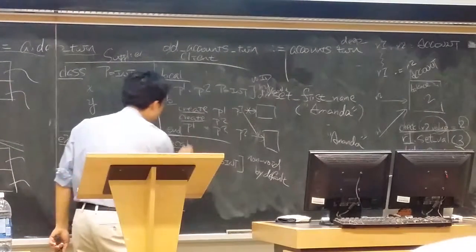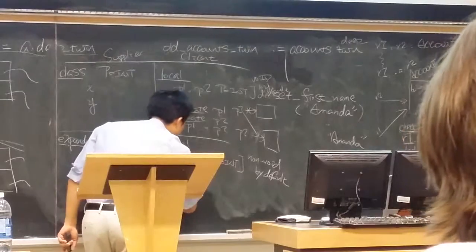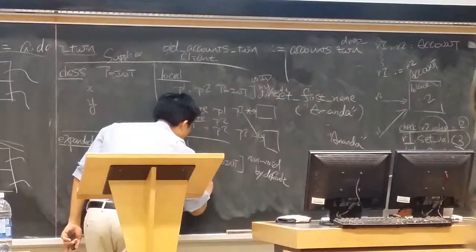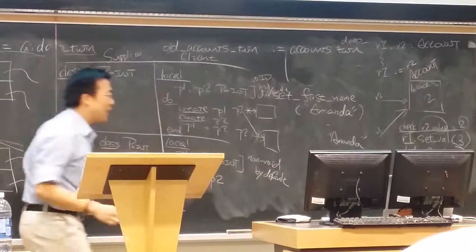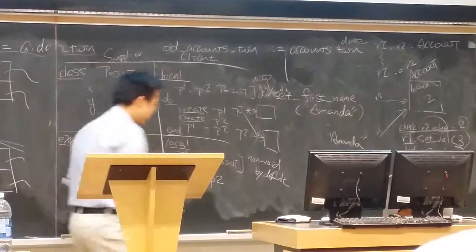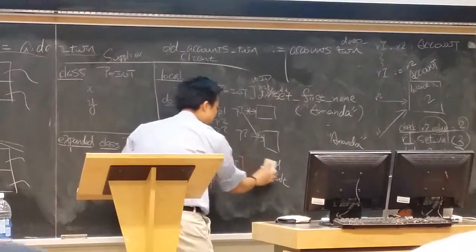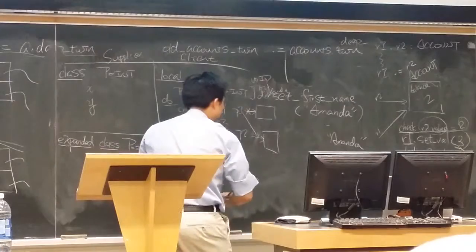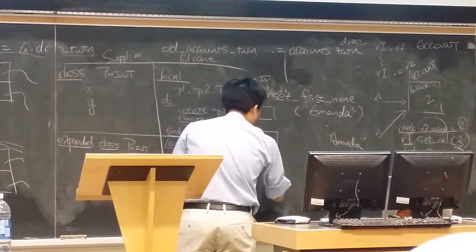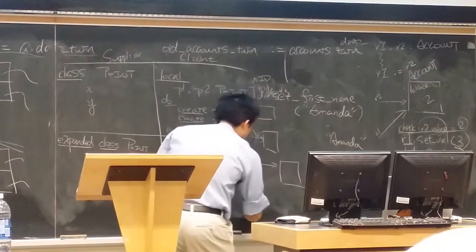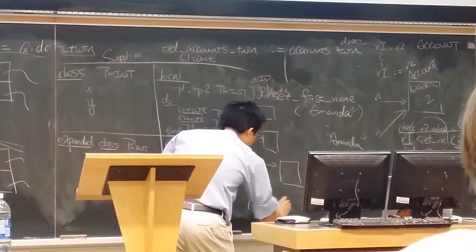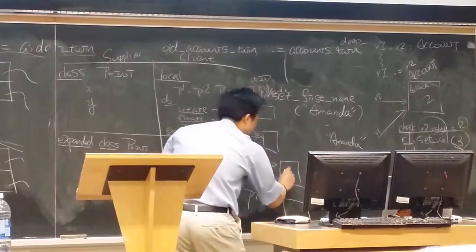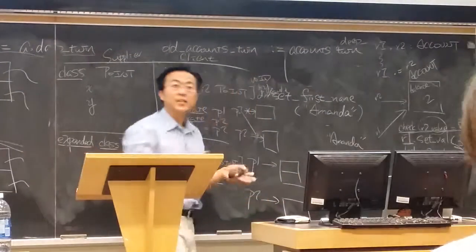Okay, so now you don't really have to explicitly create them, but when you say P1 is assigned to be P2, the diagram will look different. Okay? Let me erase this. By default, P1 will point to some object here. P2 will also point to some object here. Let's say it's a point. Let's say it's x and y coordinates.